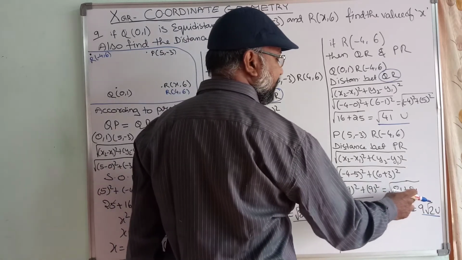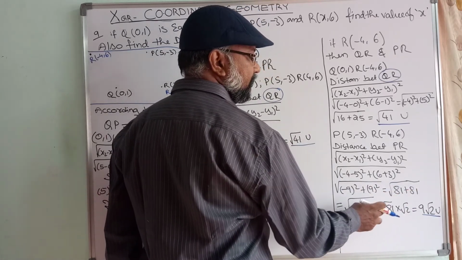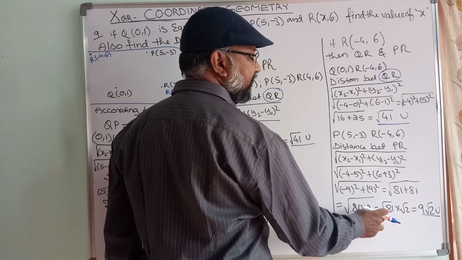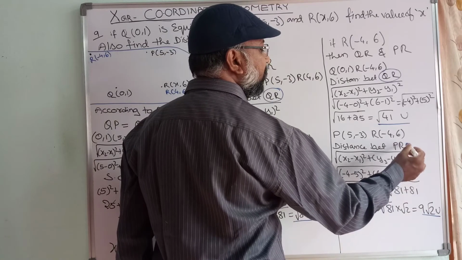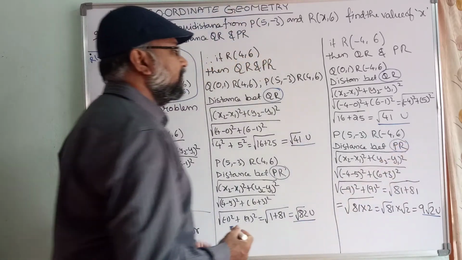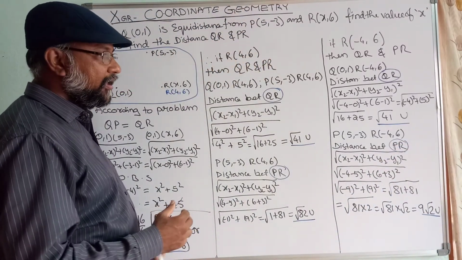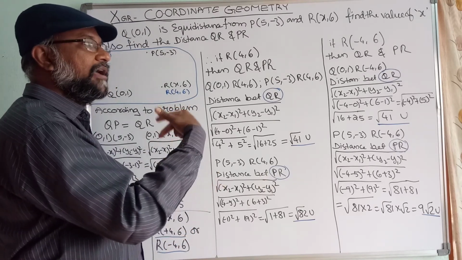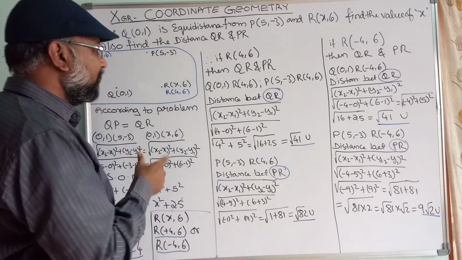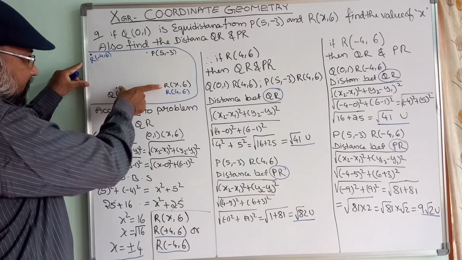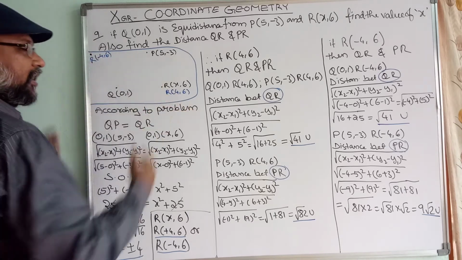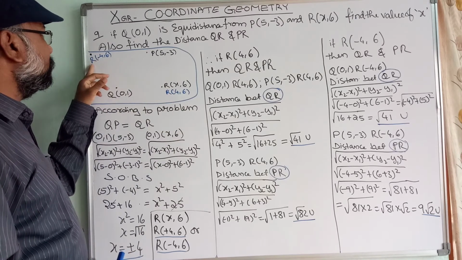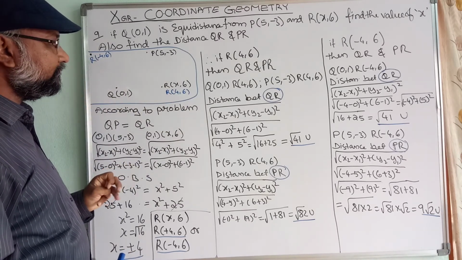So 81 plus 81, that is 2 times 81, so we can write root 81 into root 2. Root 81 is 9, so 9 root 2 for PR. Actually we should get only one QR and one PR, but we have another set also. So R may be here, or we can take both points. This belongs to the first quadrant, and this belongs to the second quadrant. That's all.